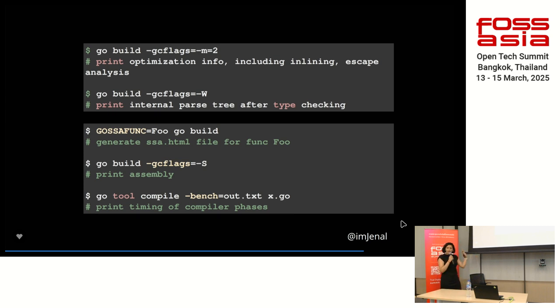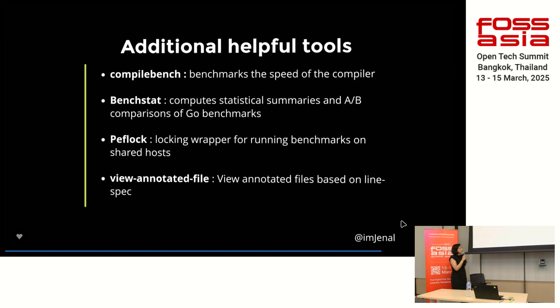If you are curious enough to go back and try these commands, you will see a lot of things, like how the SSA HTML file is generated for function foo. You can see the printed assembly, and you can see the compiler phases timing through these commands. You can get the talk slides later after the talk.